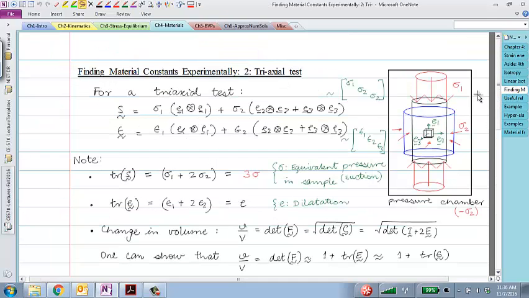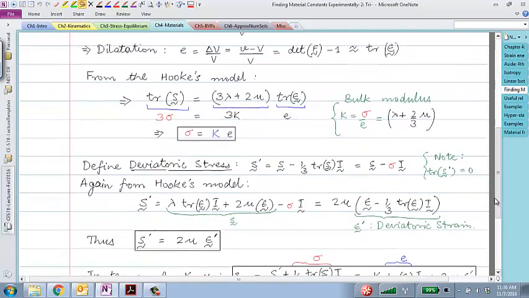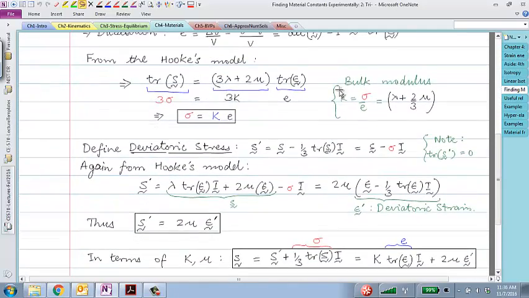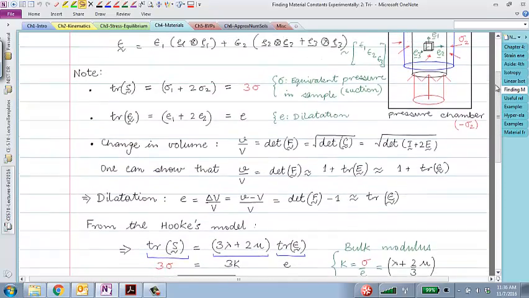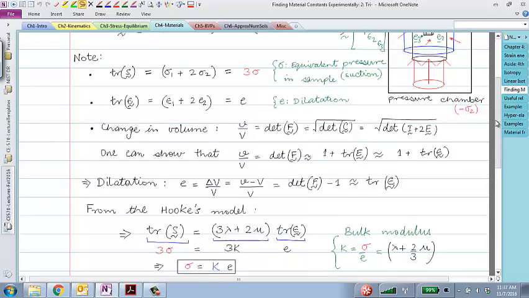Another test we talked about was the triaxial test, which gave us the material parameter, bulk modulus, and I think we were about at this point last time when we were discussing these material properties.